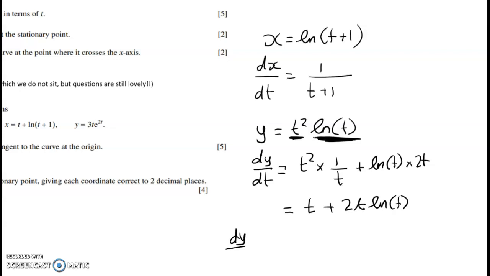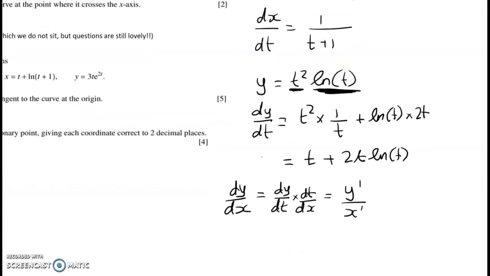Now dy by dx is equal to this by the chain rule, and we can simplify that down to y dash over x dash. So y dash is this thing here, and this is x dash. What does that give us? Well, we've got in the numerator, am I going to clean it up? Yes, I am.